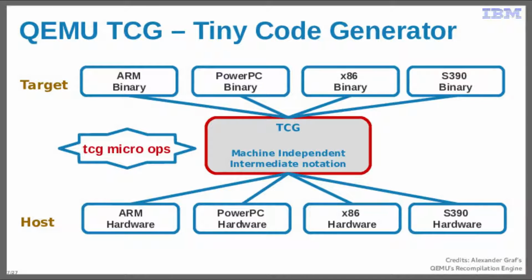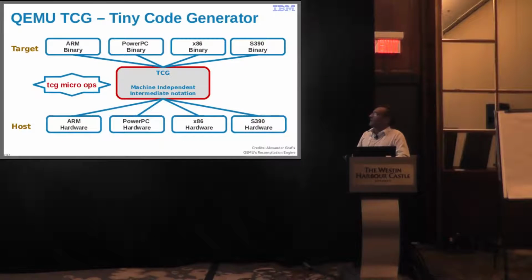QEMU TCG, the tiny code generator, gives us a machine-independent intermediate notation. The architecture developer just needs to encode in microops, and finally, whatever backend support is there, I can run Power on any backend which is supported.